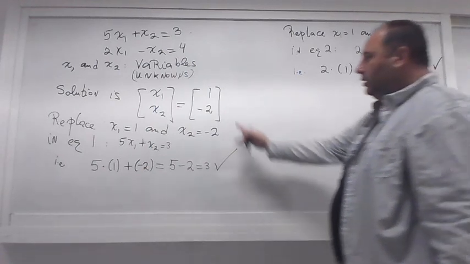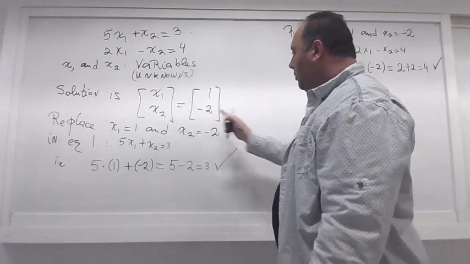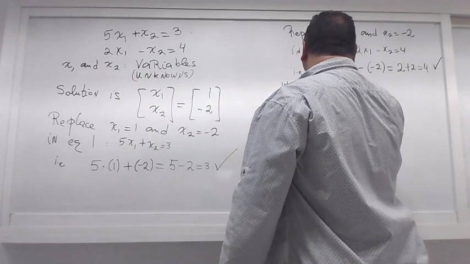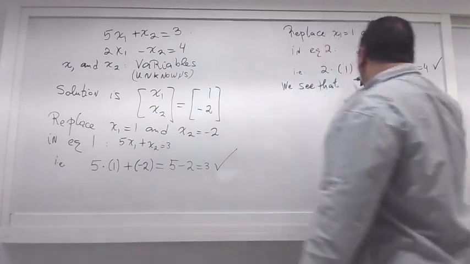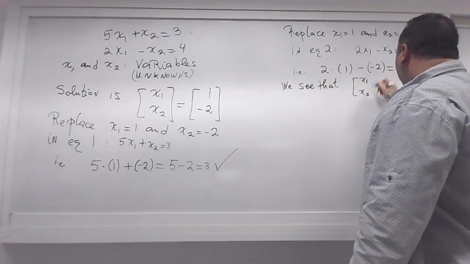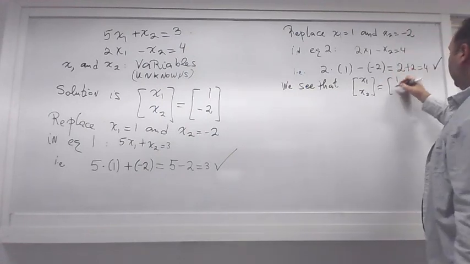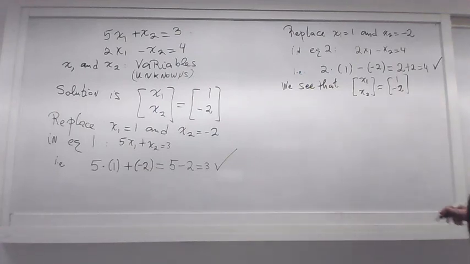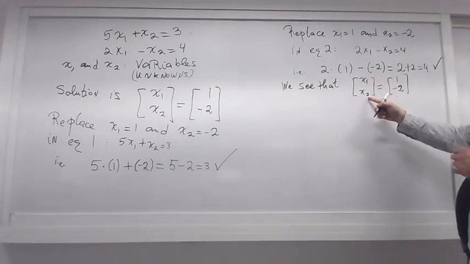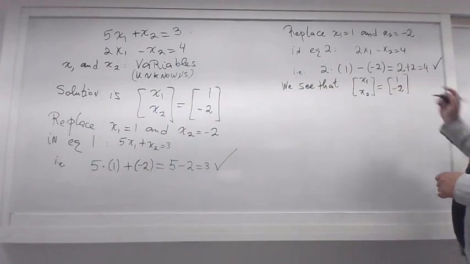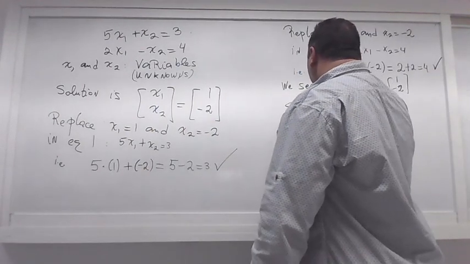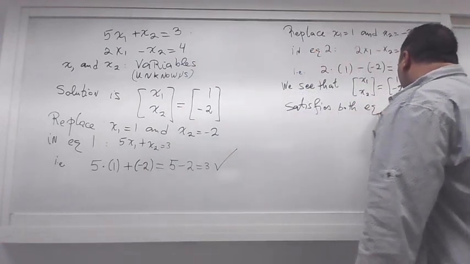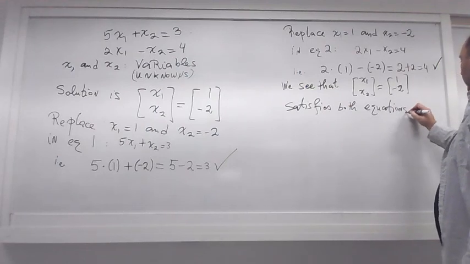So this couple, 1 and minus 2, satisfies both equations. So we see that this is the solution, the vector. It's not just numbers, it's both of them in a certain order. So we see that the vector x1, x2, which is equal to 1, minus 2, satisfies both equations at the same time.